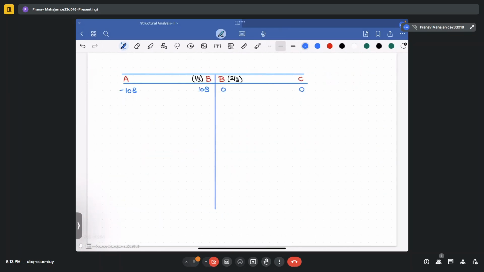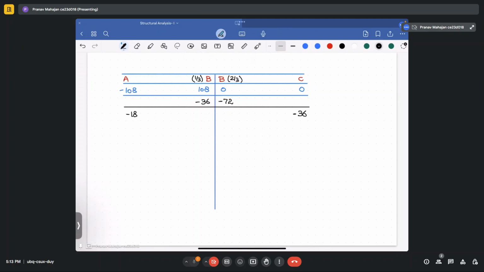Now distribute this unbalanced moment. That will be minus 36 and minus 72. This will be carried forward to other end. That will become minus 18 and minus 36.